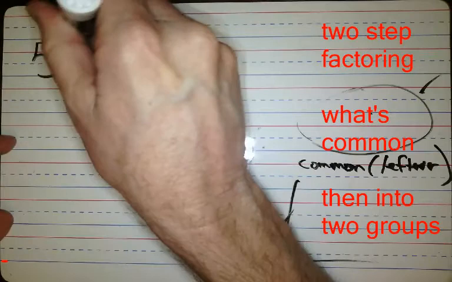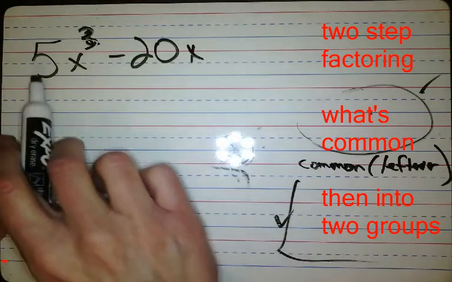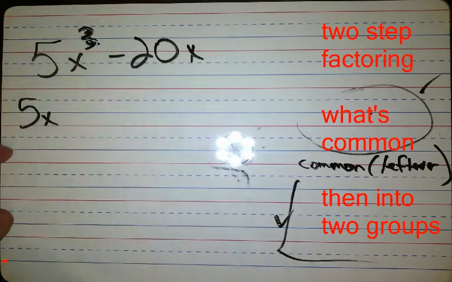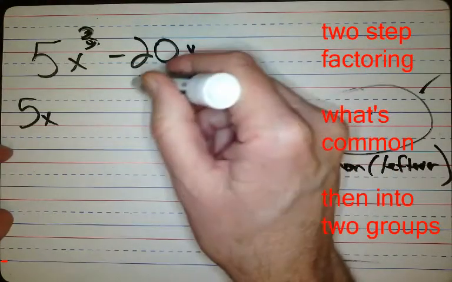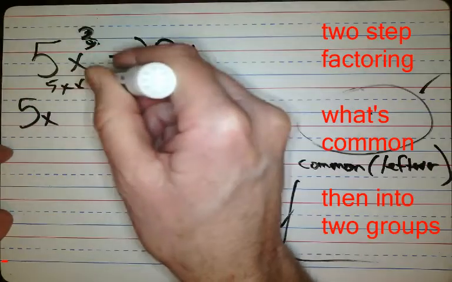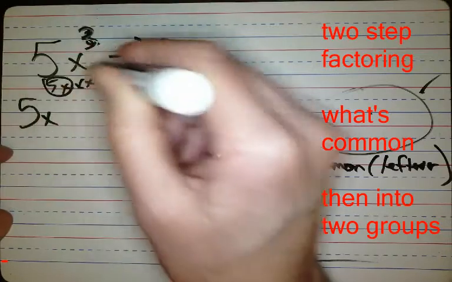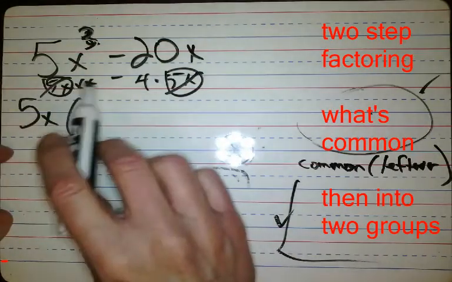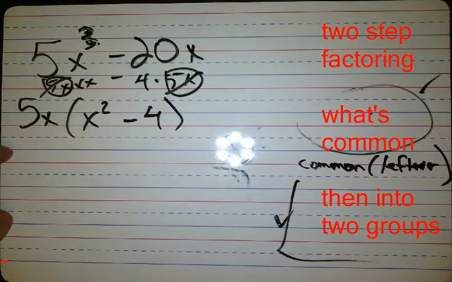Oops, this is x cubed. 5x cubed minus 20x. I can divide by 5 and x, right? So I know that this one is 4 times 5x, and this one is 5x, triple x, right? So look what I have. If I take the 5x out of here and the 5x out of here, I'm left with x times x, that's x squared, minus 4, right?